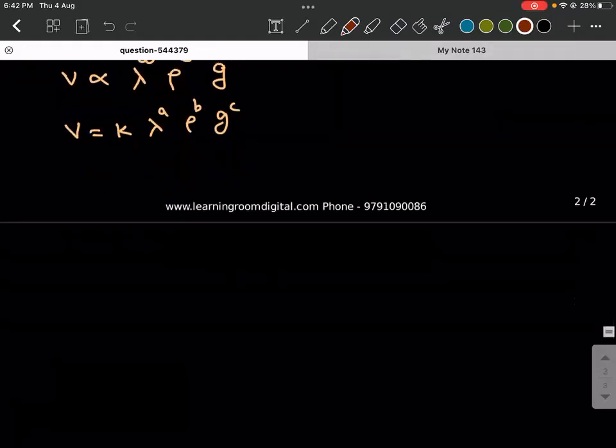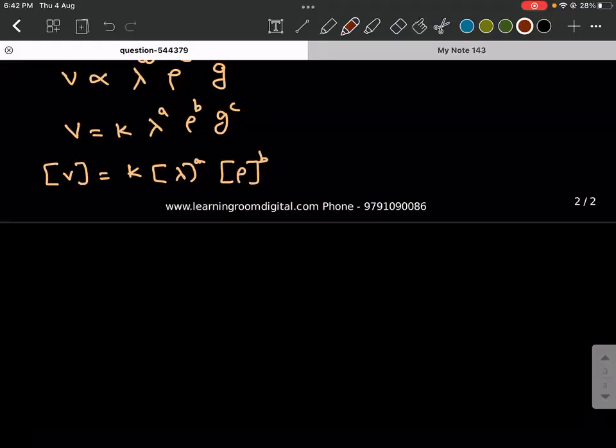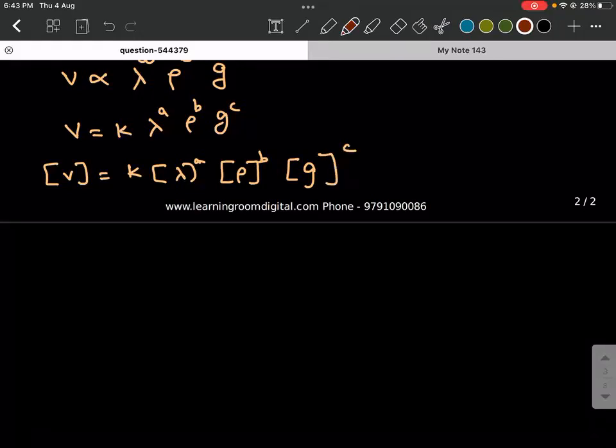So what is the next step? It should be dimensionally consistent. So the dimensional formula of velocity is equal to K times the dimensional formula of lambda to the power A into the dimensional formula of rho to the power B into the dimensional formula of g to the power C. What is the dimensional formula of velocity?